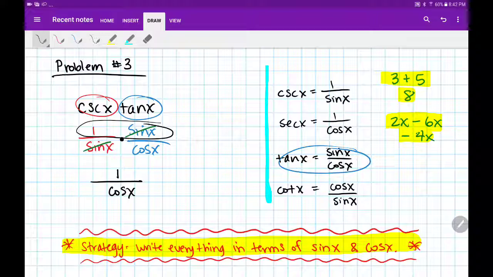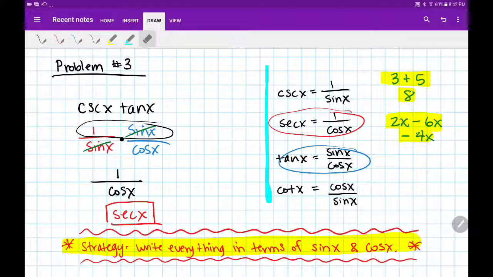So that's very, very different from this answer, which is incorrect. 1 over cosine x can be simplified even more because that's this identity. 1 over cosine x can be rewritten as secant x, and that's the final answer. So step by step, there's really no way to get stuck here if you go ahead and try and convert everything right away to sine and cosine.